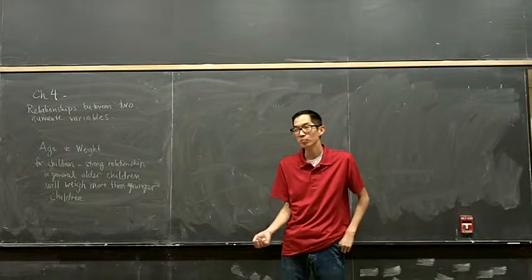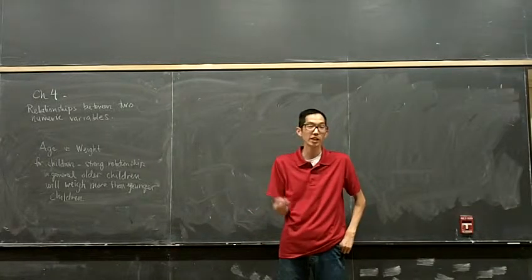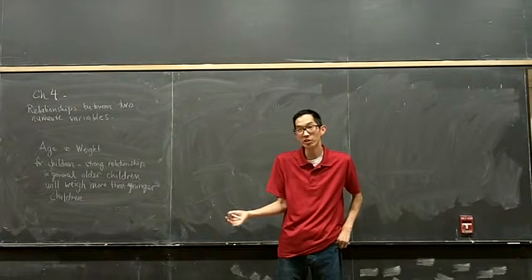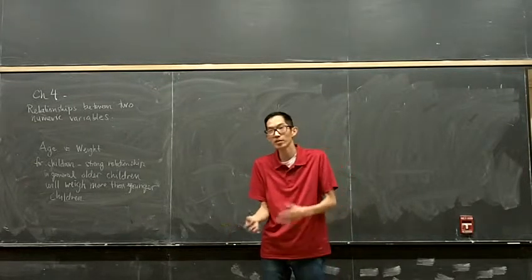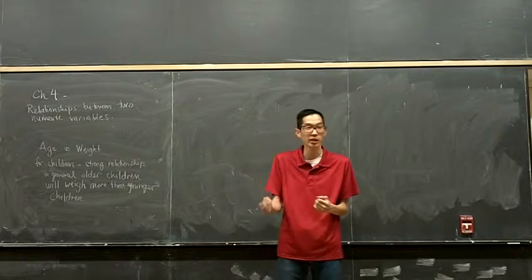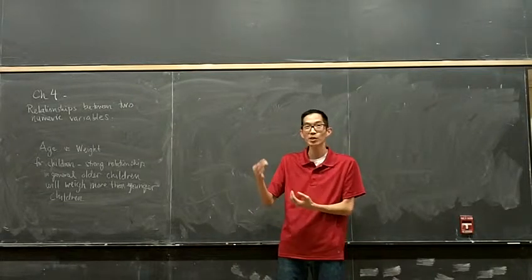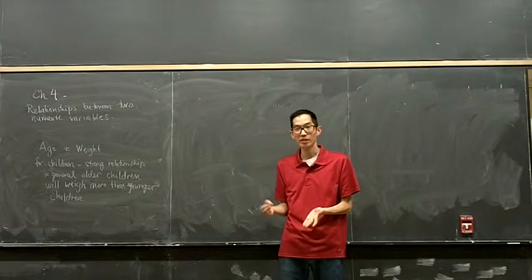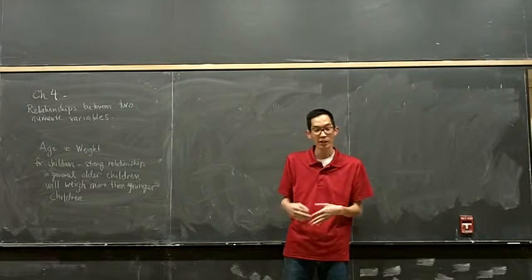In general, people who are taller have larger feet. In general, but it's not very, very strong. Okay, you're going to have a lot of scattering because you're going to have tall people who have smaller feet, and some people who are short and have large feet.